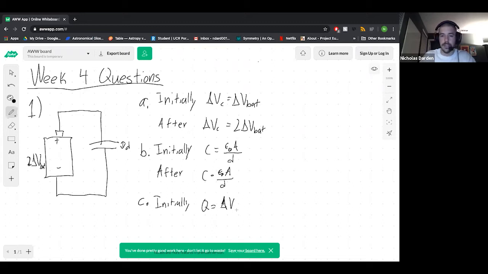So in this case, it's delta V bat times capacitance. After we change it, right, so now the delta V that we're using is double. So Q is now 2 delta V battery times C. And that's kind of where that counterbalancing comes from. So now our charge has doubled, right? So these are going to be the answers for number 1. We're going to go ahead and move on to number 2.